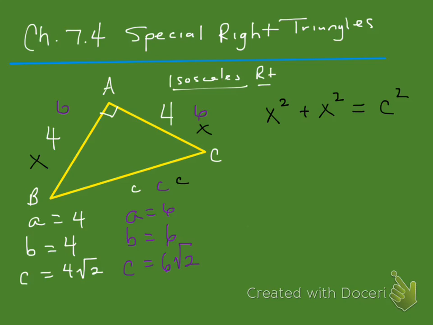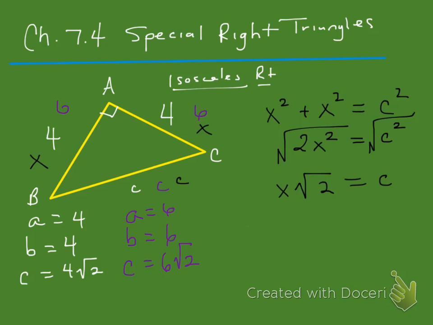Well, x squared plus x squared is 2x squared is equal to c squared. Sorry, I forgot, I'm getting c by itself, not x. So if I want c by itself, I need to square root both sides. The square root of x squared is just going to come out as x, times the square root of 2, is equal to c.